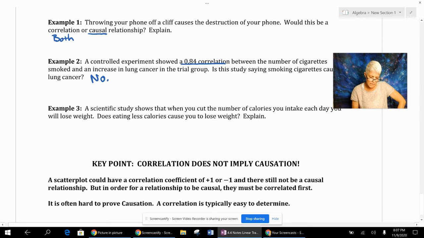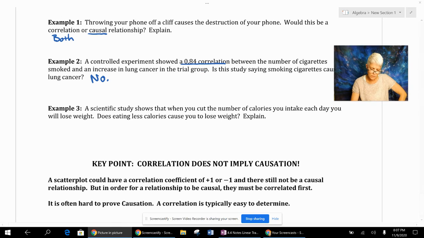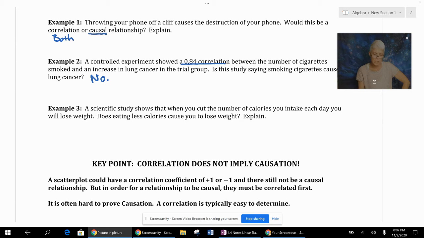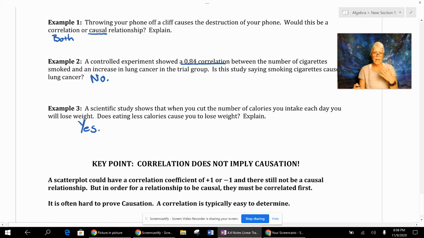Okay, last one. A scientific study shows that when you cut the number of calories you intake each day, you lose weight. Does eating fewer calories cause you to lose weight? Yes. Now, there are some people, myself included, that have a thyroid condition, so that affects how calories affect me.